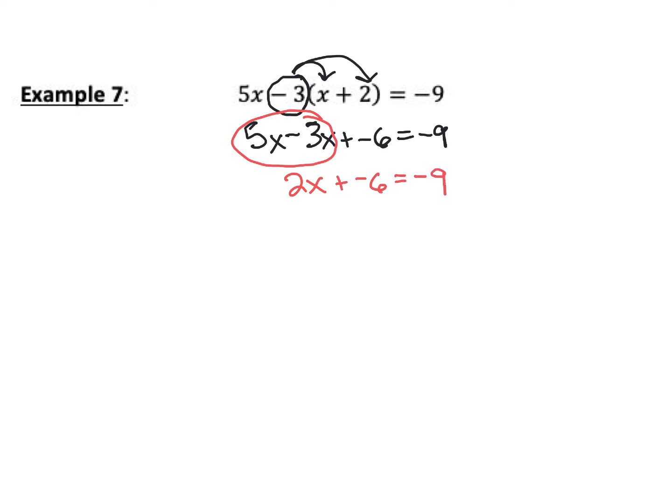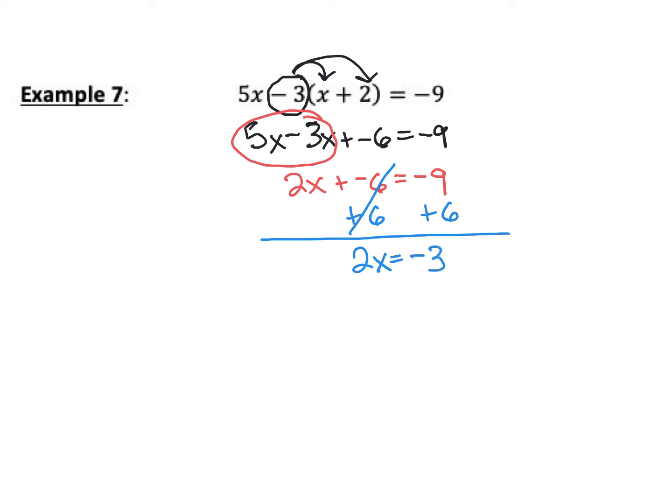And then we do have plus a negative 6. We're trying to get rid of that negative 6. So we're going to go ahead and put a positive 6 with it. So then negative 6, positive 6, make it 0. We still have 2x. Then we have negative 9 plus 6, which is negative 3.